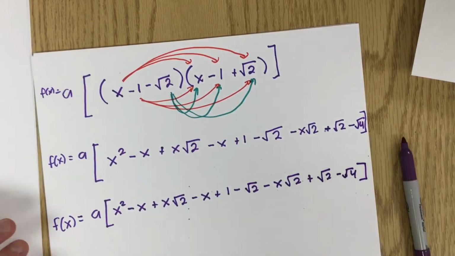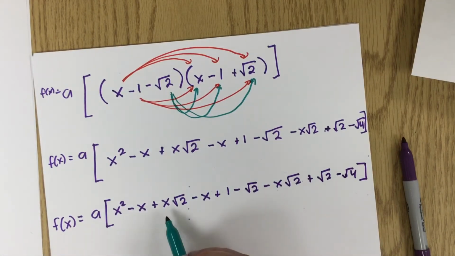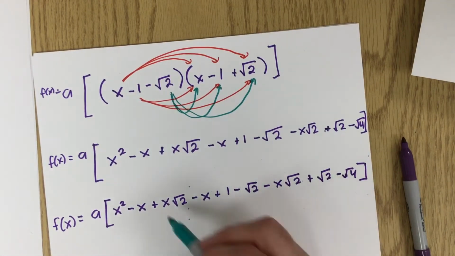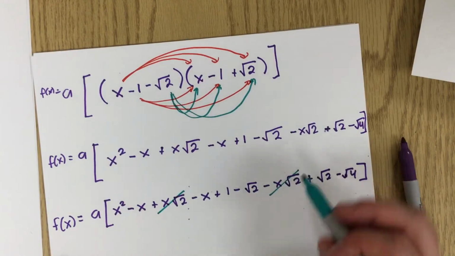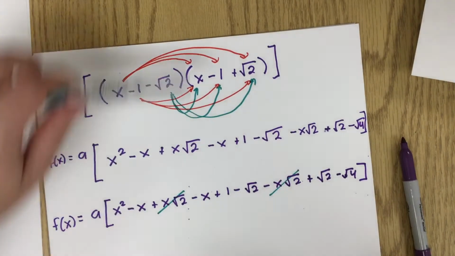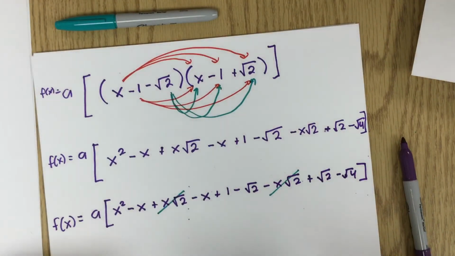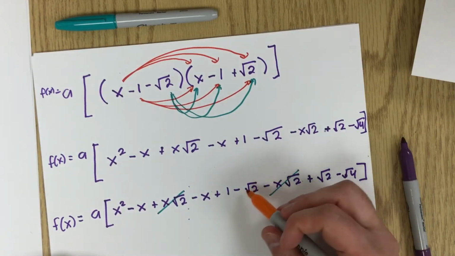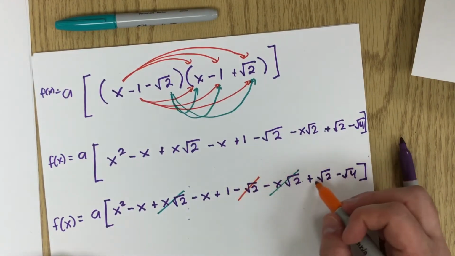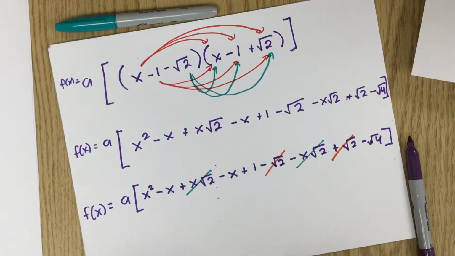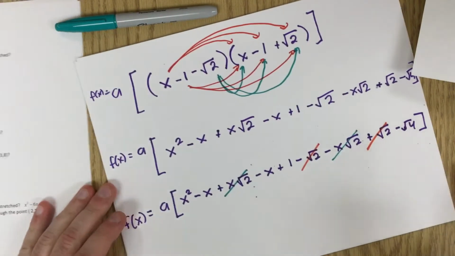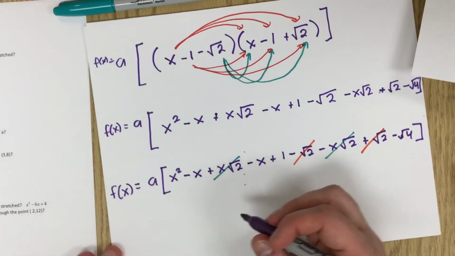And now some things cancel here. If we look, we have plus x root 2 and minus x root 2. So those are going to add up to 0. And we also have minus root 2 plus root 2. So those guys are going to add up to 0. And we have less stuff. We definitely are shrinking it down a little bit.